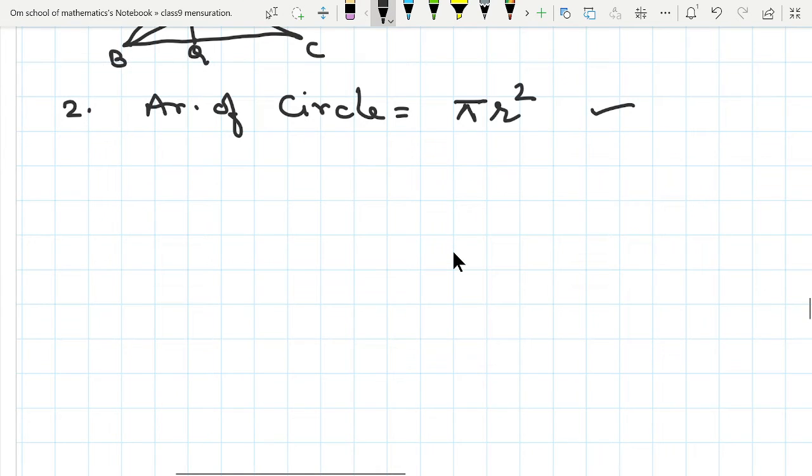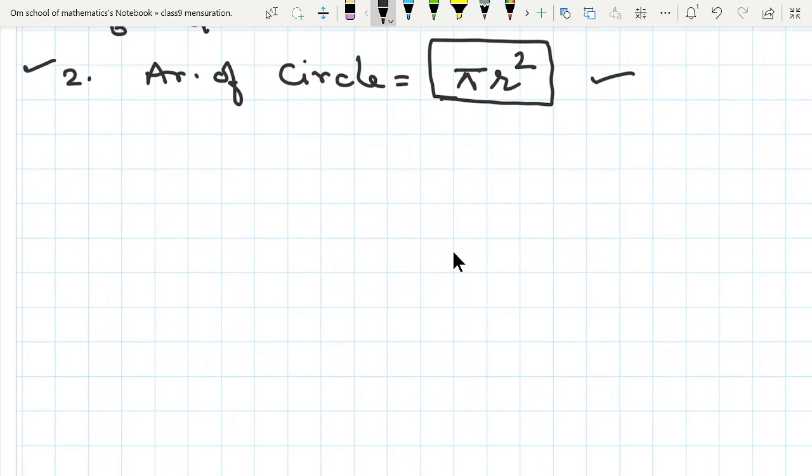Why does this formula exist? Do you know what is the proof of this formula? How many of you can say, yes sir, I know the proof of this formula? If anybody knows why this pi r square exists, please answer me. I want to see, raise your hand. I will find you.